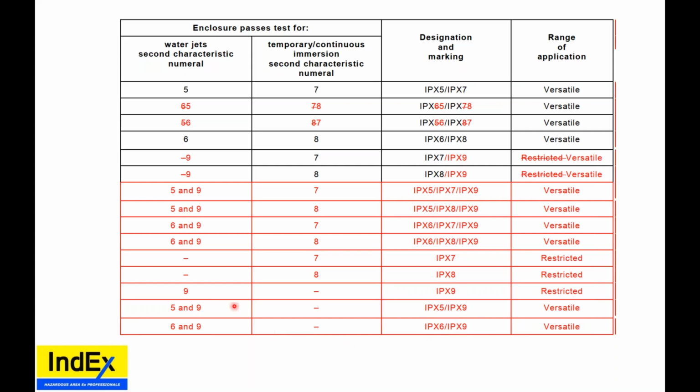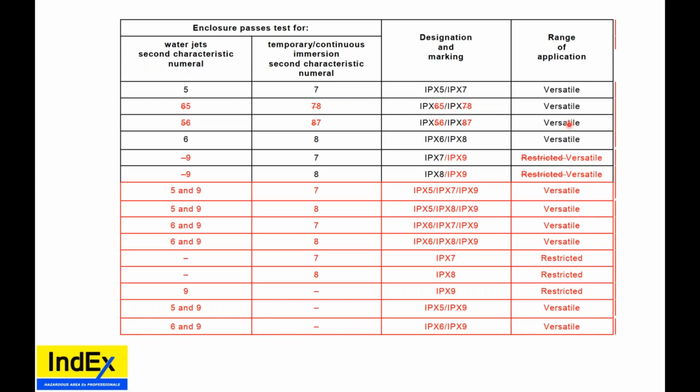So water jets at 9 are only good for 9, but water jets at 6 and 9 are good for 1 to 6 and 9. This table within IEC 60529 is the definitive answer that would correct perhaps everybody's misunderstanding and answers to the previous questions.